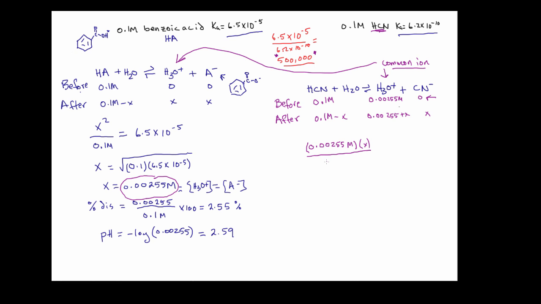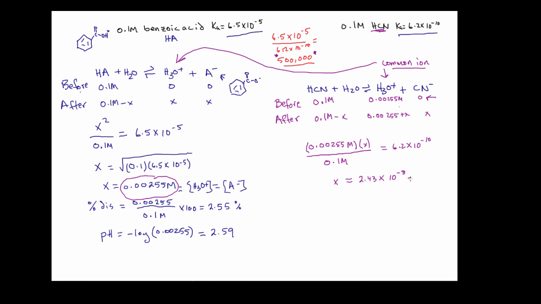So this is our expression, and the whole thing is equal to 6.2 times 10 to the minus 10th. Okay, and my X value, doing the algebra, is going to be equal to 2.43 times 10 to the minus 8th.